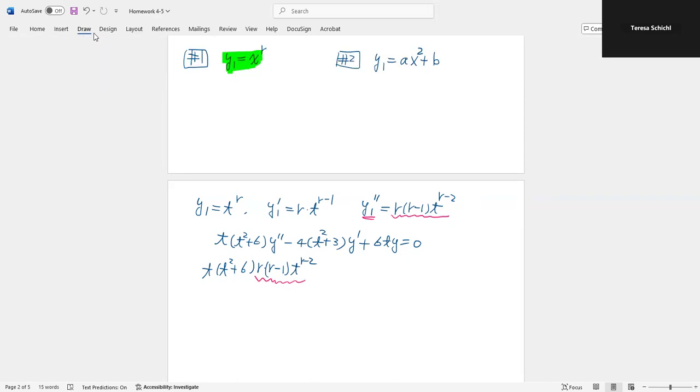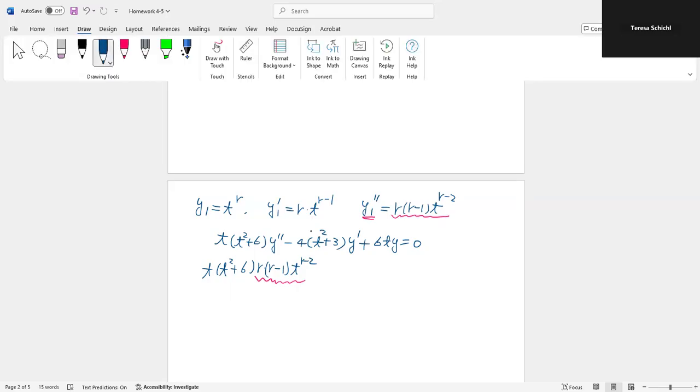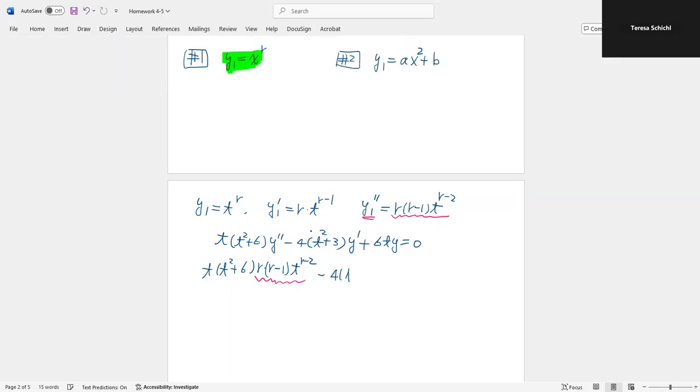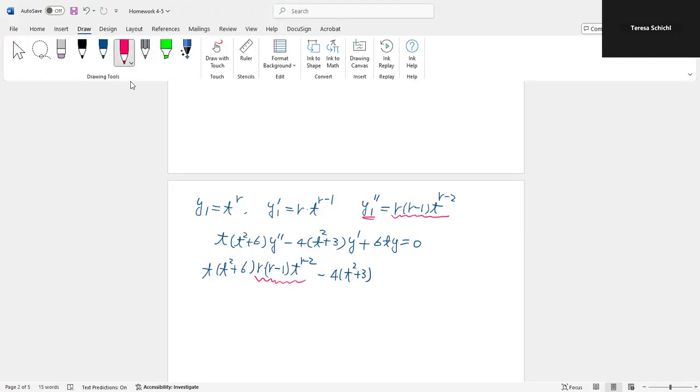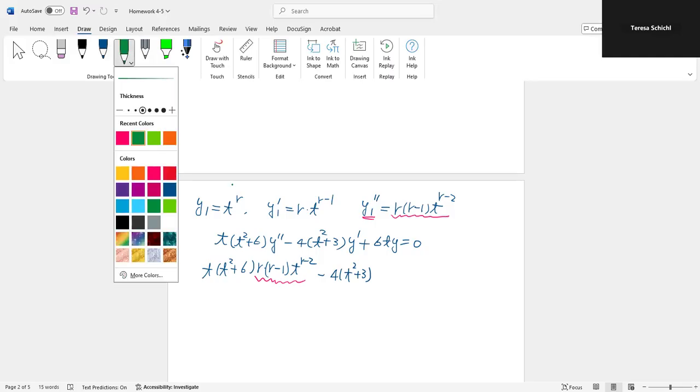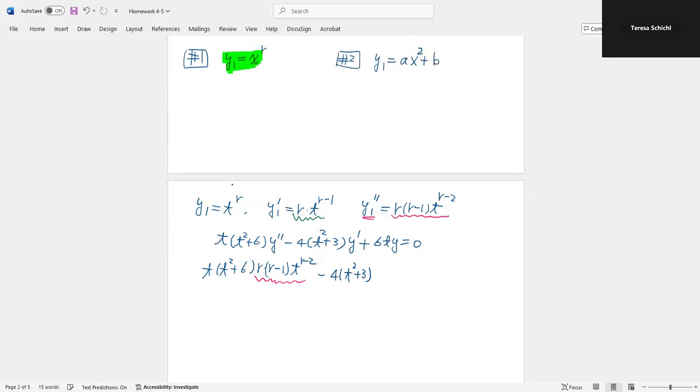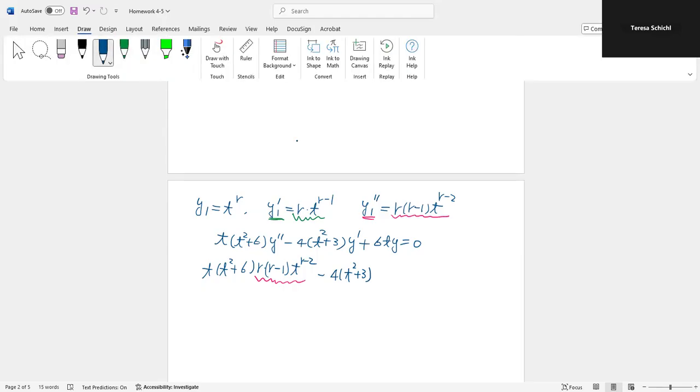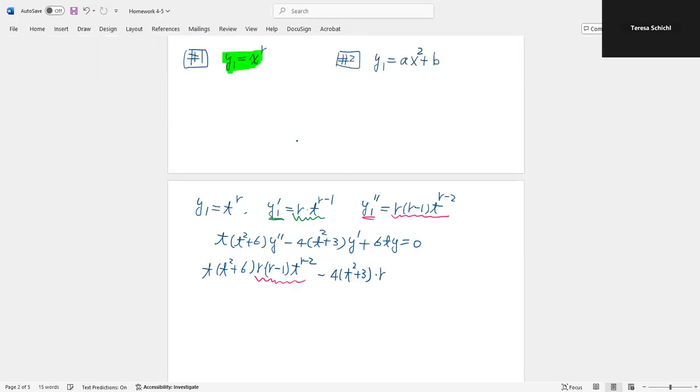Then minus (4t squared + 3). Now I will substitute y prime here, using a different color. The first derivative is r times t to the r minus 1, so it's (4t squared + 3) times r times t to the r minus 1.